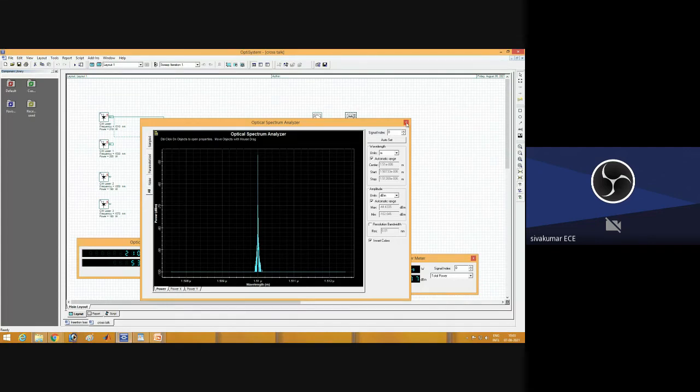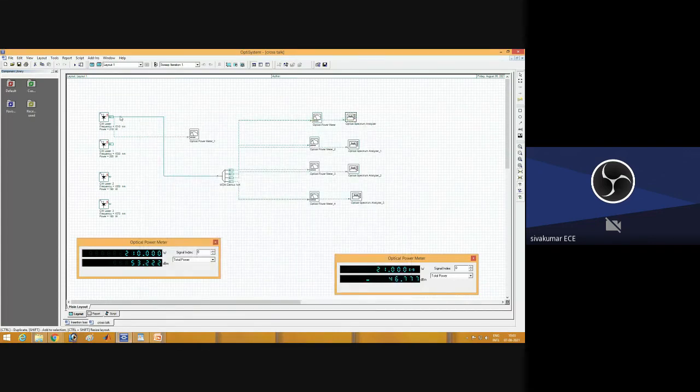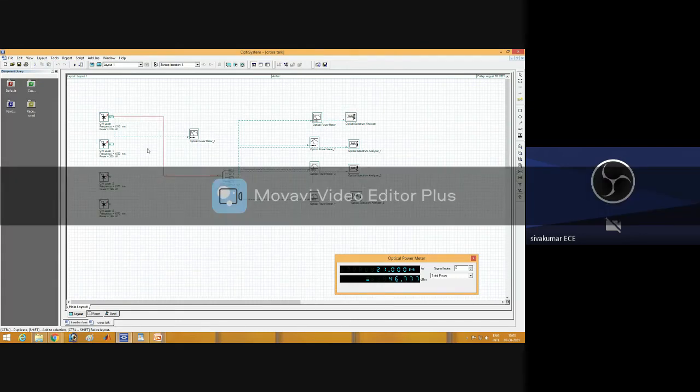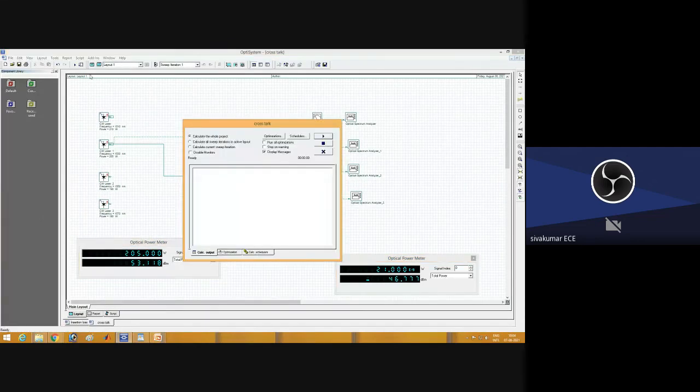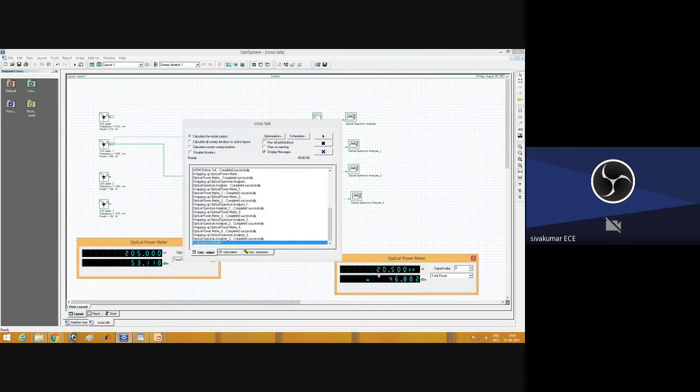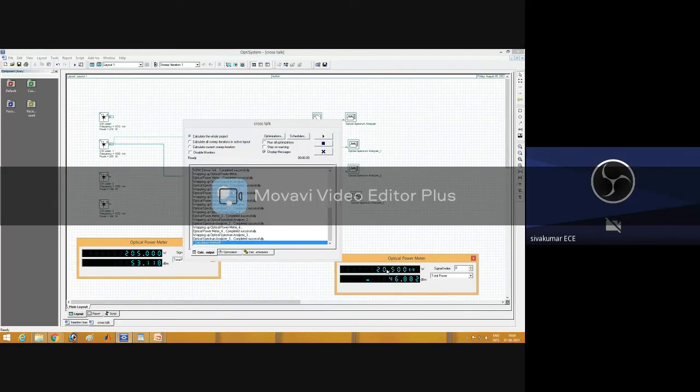Okay, if you want to calculate the crosstalk of another channel, just replace it with the second channel. Now you connect the input; the 205 input is showing. Then you run again. Here you can see the optical power meter output.